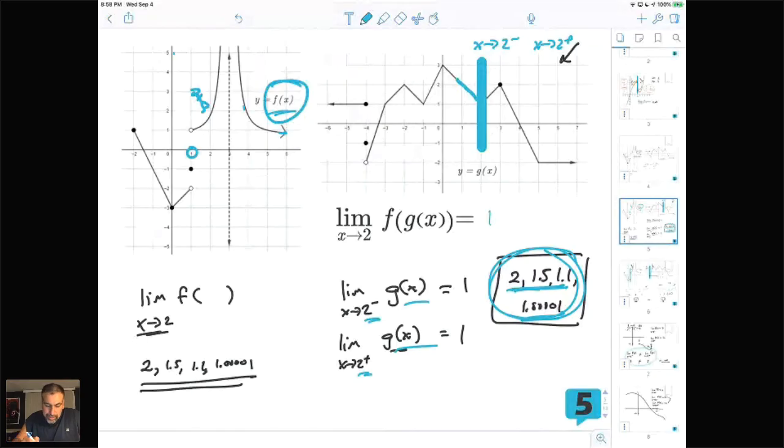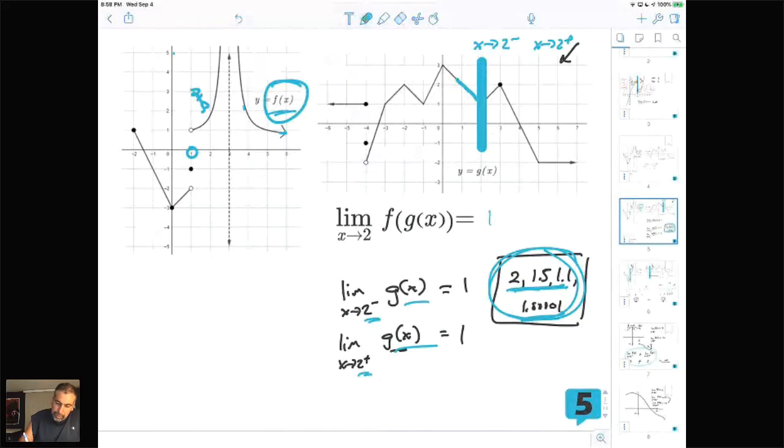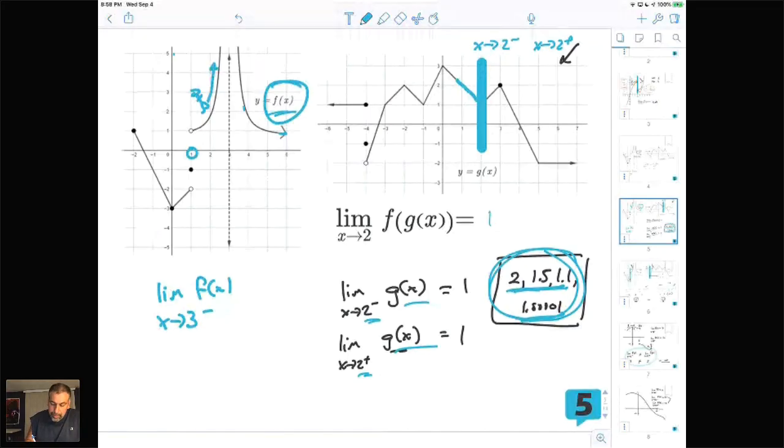And just to clarify that, this didn't come up tonight, but if we came over to this one and asked, what is the limit as x approaches 3 of f of x? When we look at that one from the left, now I'm walking this way. So where am I ending up? I'm ending up in infinity.